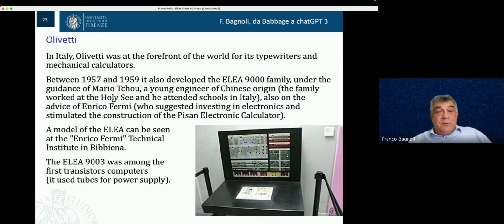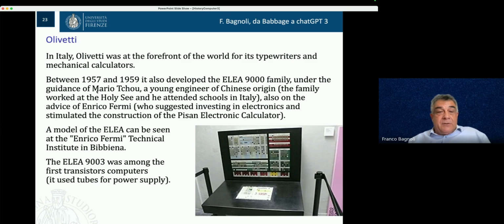And at that time also, Olivetti, which has a very complex history, started to work. For a certain amount of time, Olivetti seemed to be one of the leading computer enterprises in the world.